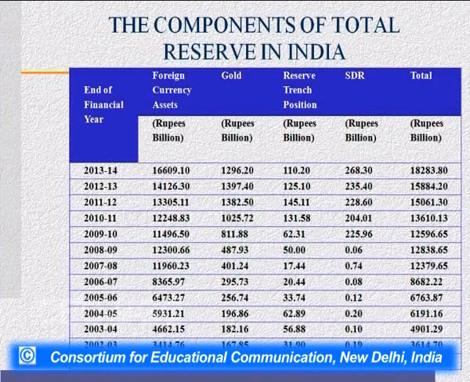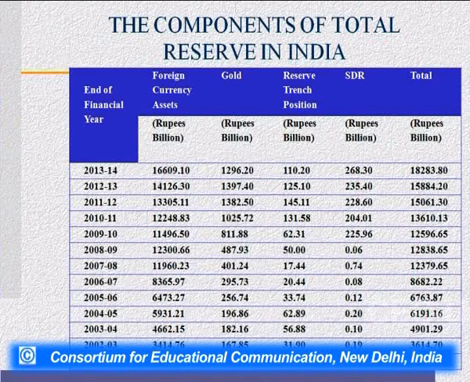Now, the components of total reserve in India, year by year. From the first year, 2002-3, in rupee billion it is 3414.76, and this figure is the foreign currency assets.